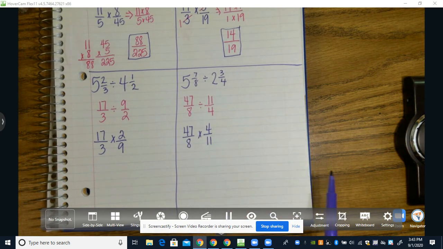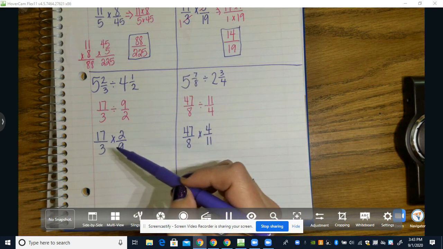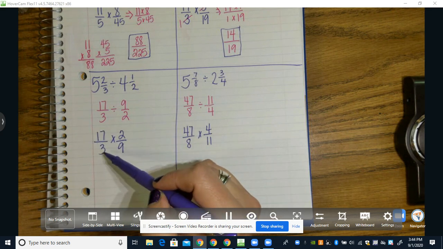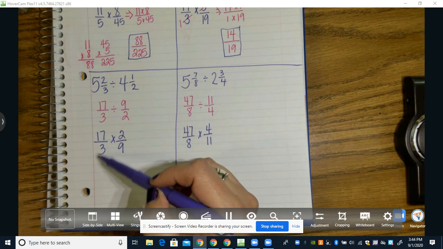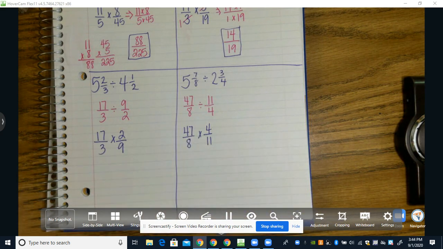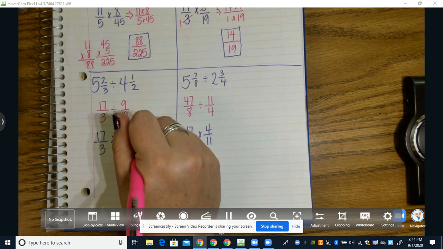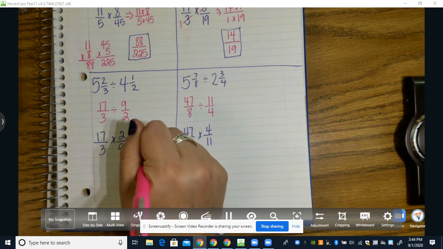All right, let's look. So I have 17 and 9. Nope, those can't be simplified. 3 and 2. Nope, those can't be simplified. 2 and 9. Nope. 17 and 3. Nope. So I've got to multiply straight across. So that's 17 times 2 over 3 times 9.